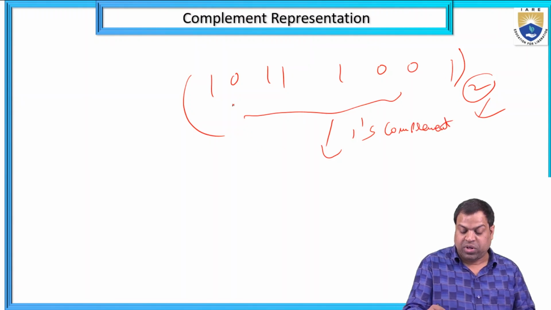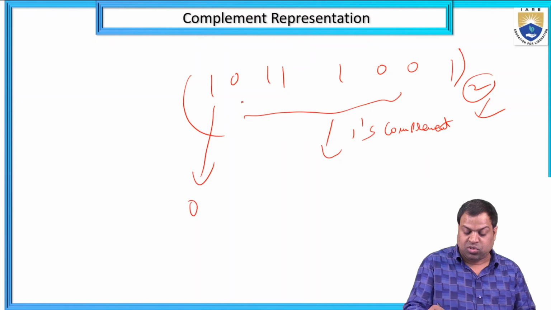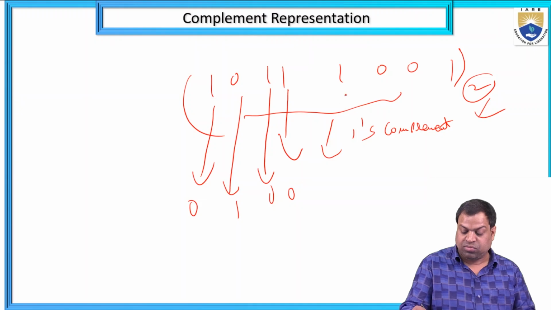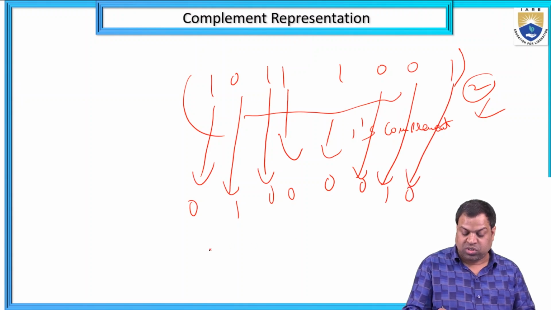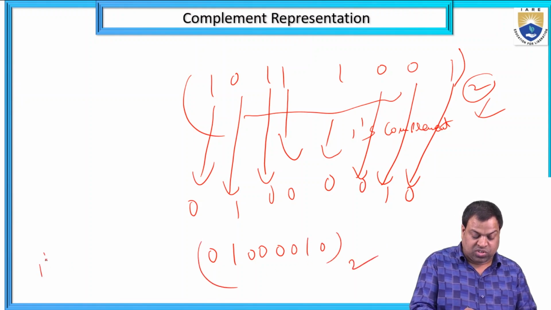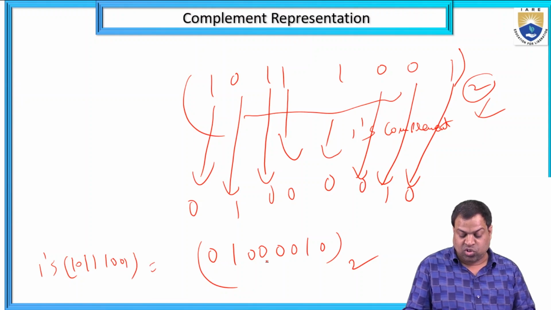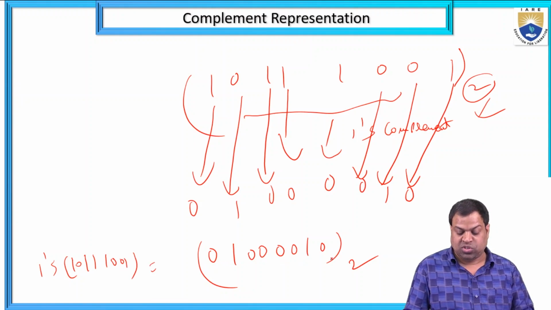In place of 1 we take 0, in place of 1, 0, in place of 1, 0, in place of 1, 0, in place of 0 it is 1, in place of 0 it is 1, in place of 1 it is 0. So the 1's complement of 10111001 is 01000110 base 2.